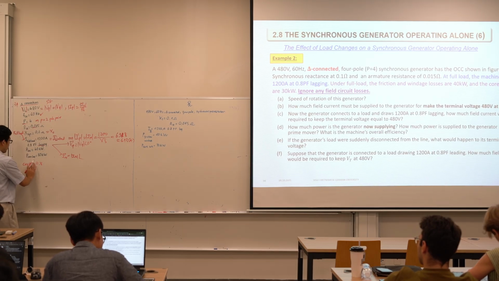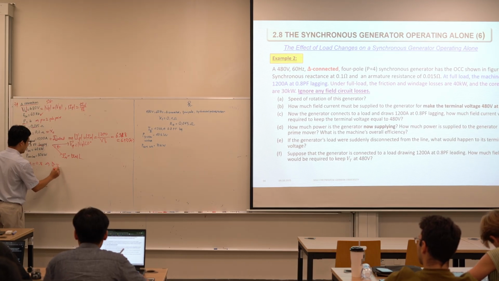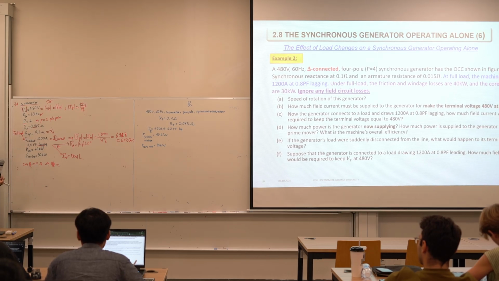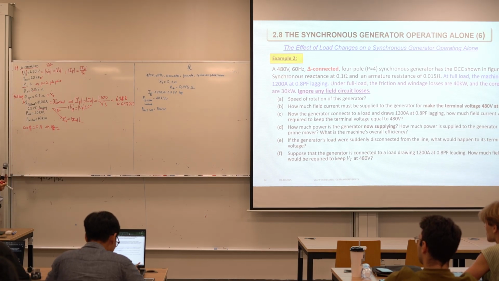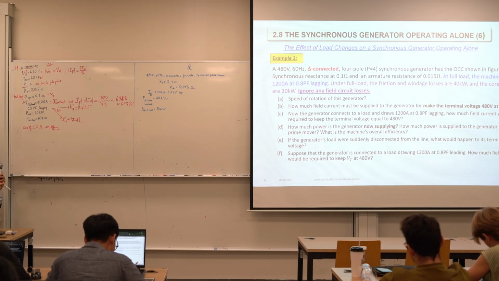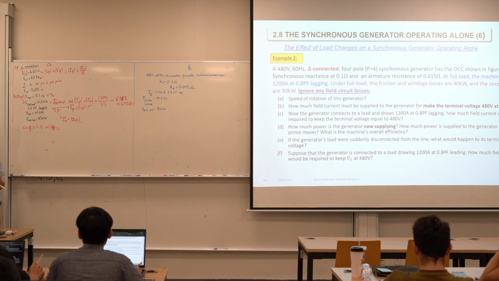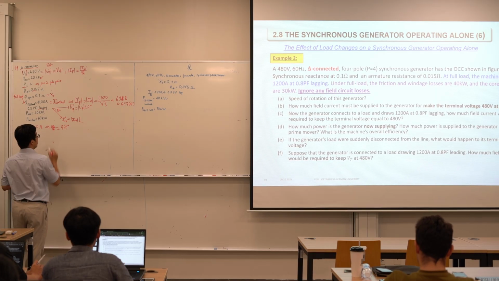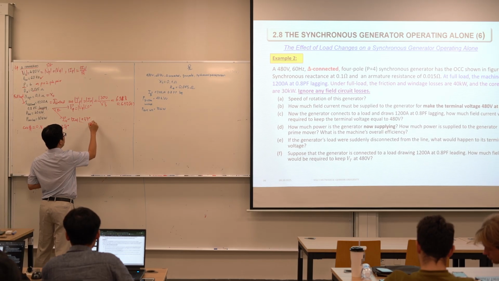So please help me, what is theta? 37 degrees. Okay, so here I say 37 degrees.